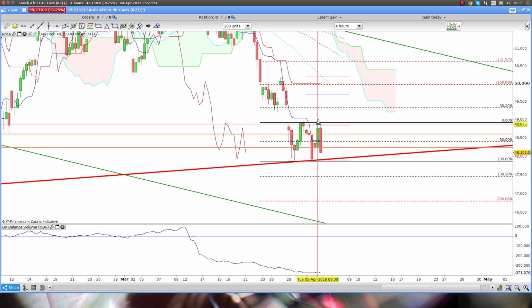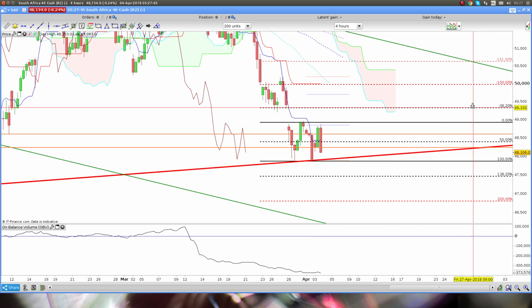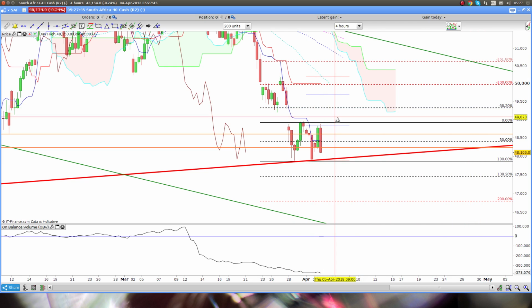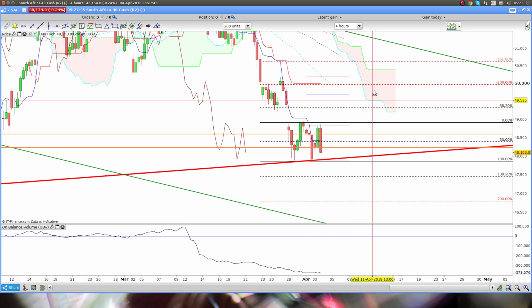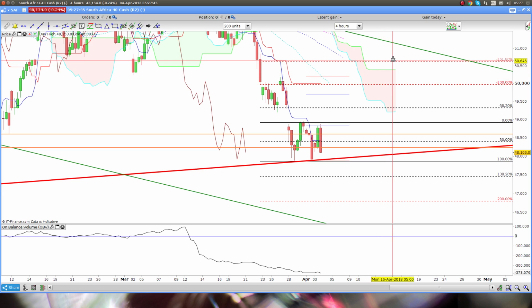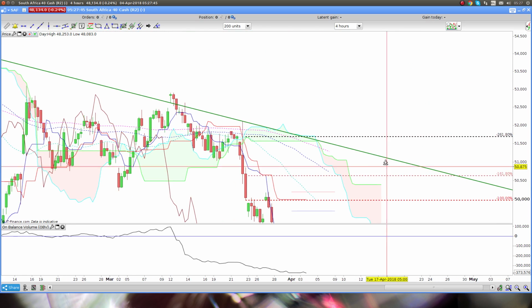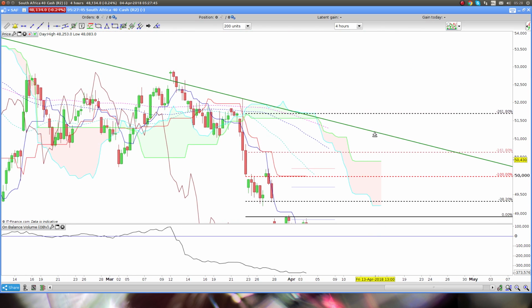So it's indicating that we're going to either continue ranging or we're going to start moving a little bit to the upside. Maybe attack this gap first, which is the 38.2 extension, bounce back and then hit the 100, bounce back and then hit the 161, bounce back, and then this area here is where the critical resistance is going to come in.